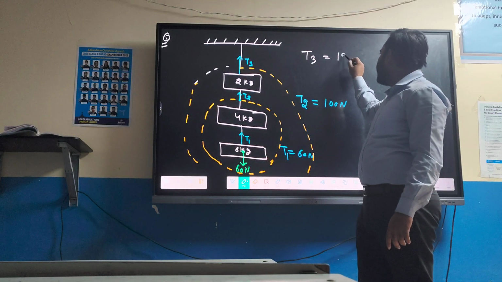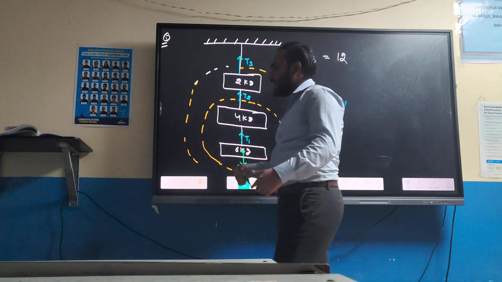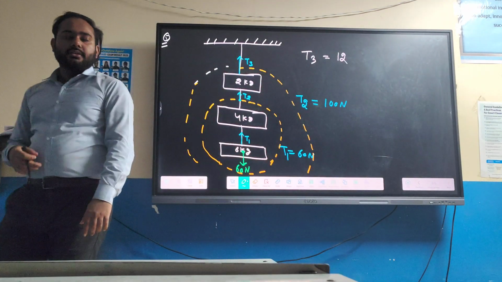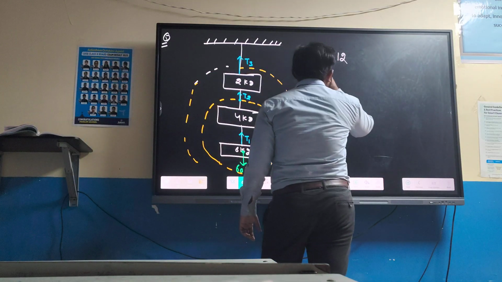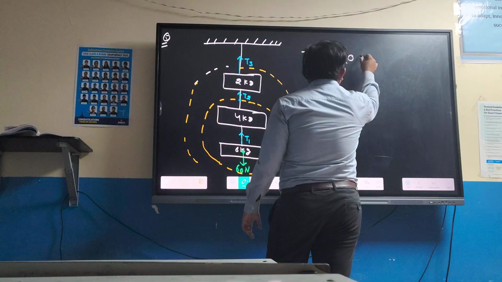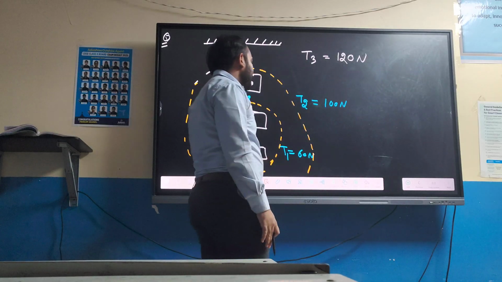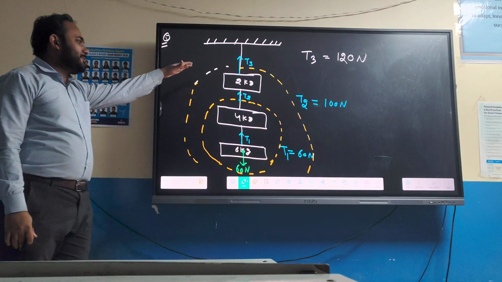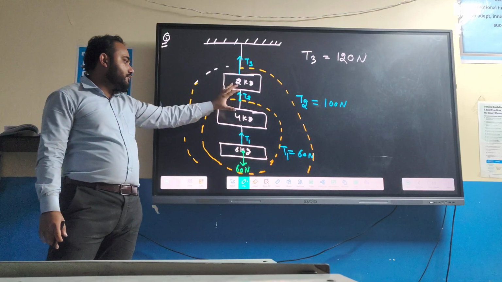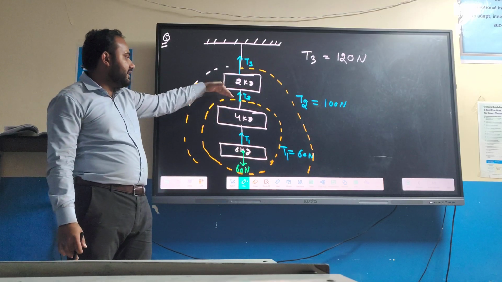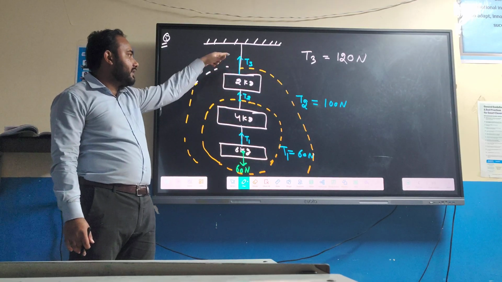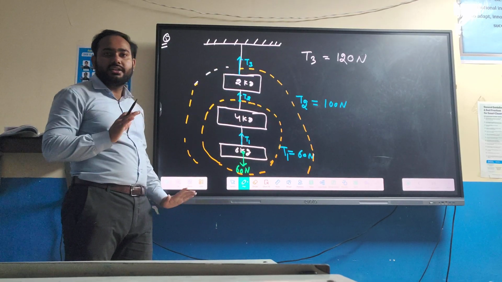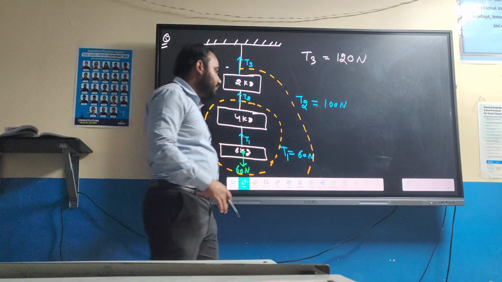The mass is 12, and the value of gravity we can take as 9.8 also, but for simplicity we will take the acceleration due to gravity as 10, and then our answer will be 120 Newton. So in this problem, we have understood how to calculate the tension in each string. The T1 value was 60, the T2 value was 100, and the T3 value is 120 Newton. I think you all got the point.